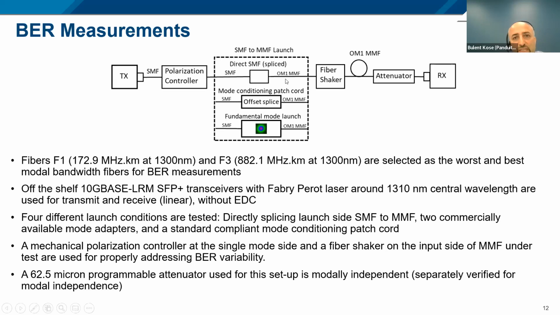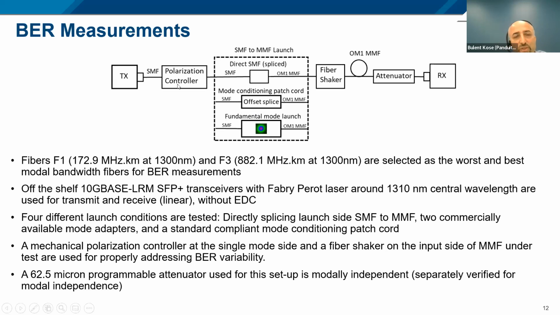So I have three conditions that I used to compare against each other. One is directly splicing with single mode. The other one is using the mode conditioning patch cord. Actually, in this case, I'm using the IEEE compliant one with the high CPR value, the 39 dB CPR. And the third launch condition is, of course, the fundamental mode launch using two mode field adapters.